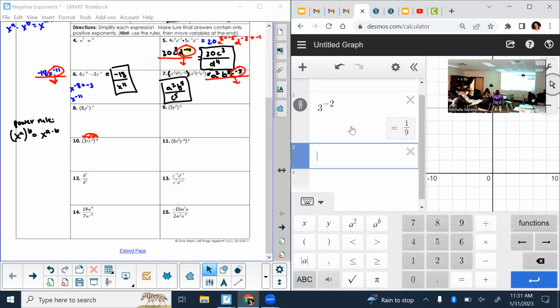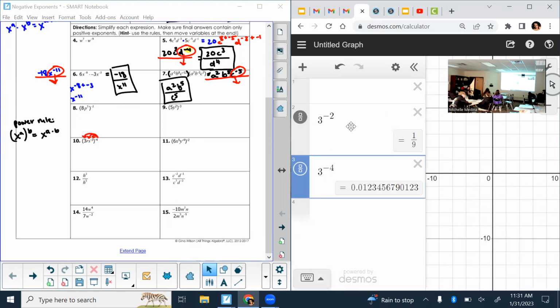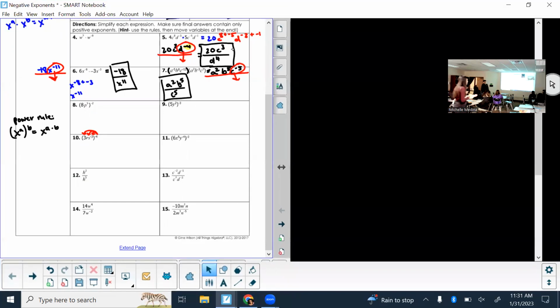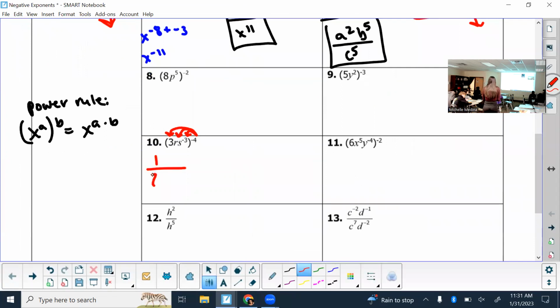So I have 3 to the -4 power. Press the fraction button. And that gives me 1/81. Because 3 to the 4th is normally 81. So you move it over the fraction bar and rewrite it as positive. So 1/81 is my new coefficient, but I'm going to leave the whole fraction bar here.